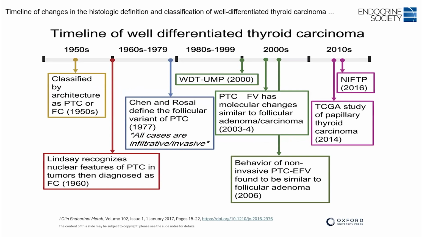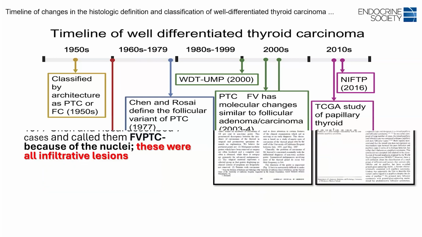And he really charted out the course, how the names have changed, how we got used to using some names. And you can see from the 1950s to really 2016, where the whole term of non-invasive follicular tumor with papillary-like nuclear features, which used to be termed as carcinoma, kind of changed.